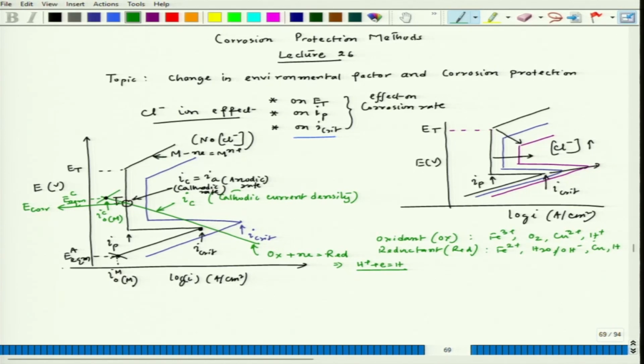Now you can see that the anodic process is having anodic polarization, and the overvoltage would be this much, and for the cathodic process the overvoltage amount is this much.